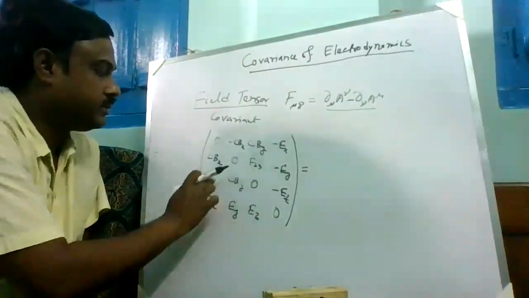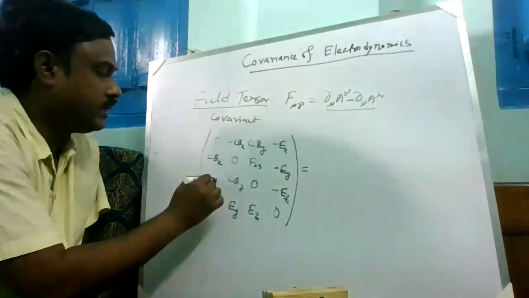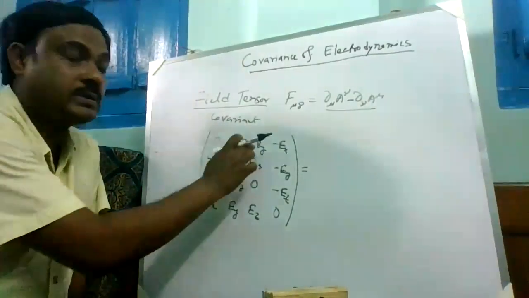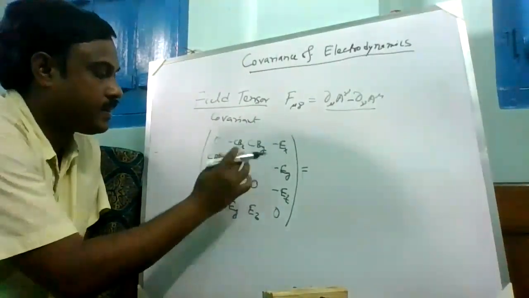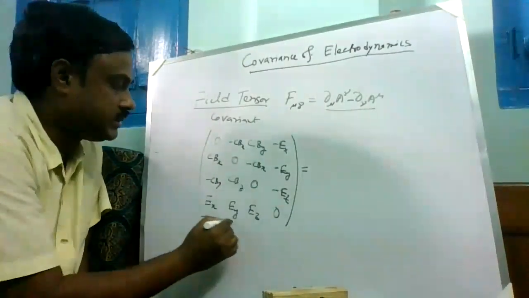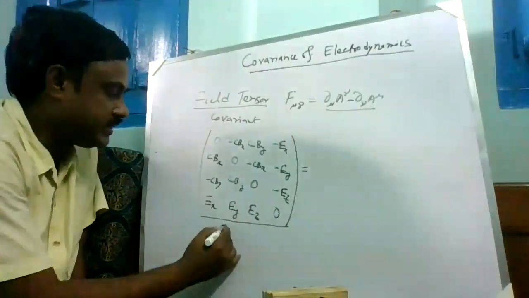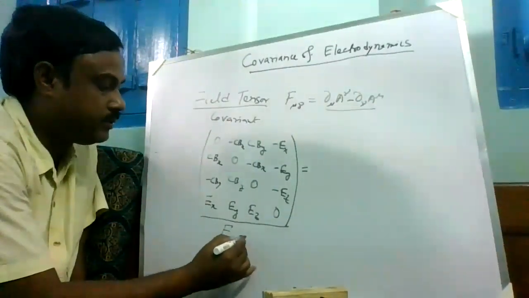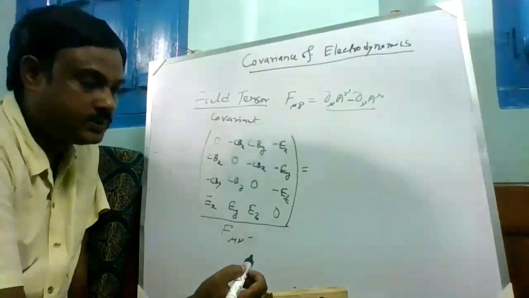So this constitutes the covariant field tensor F mu nu. This is the field tensor of rank 2.